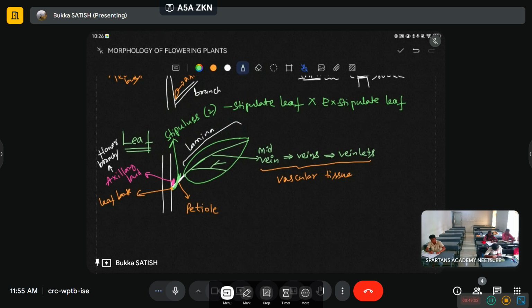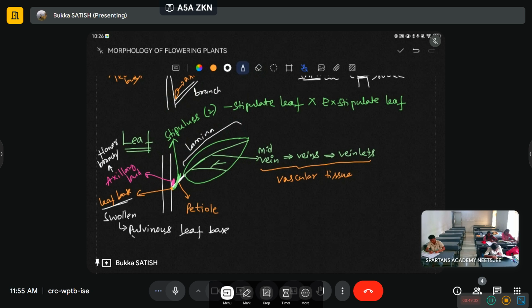Right. And not everywhere. In the leguminous plants alone, you will see this thing. The leaf base is actually bulged, swollen. If swollen, we call it pulvinous. Pulvinous leaf base. The leaf base which is present here is swollen.